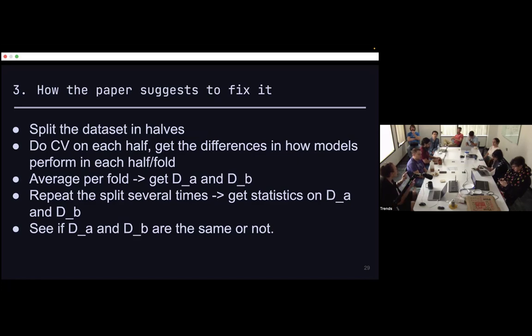You average them, and then you get one sample for computing statistics: an average score for A and an average score for B. After that, you can split your data set in half another way and do the same and get another sample of A and B. And if you do it enough times, then you get enough statistics on this.